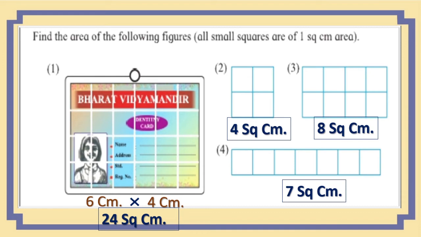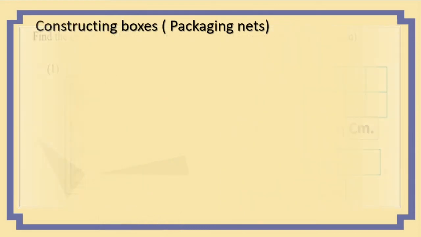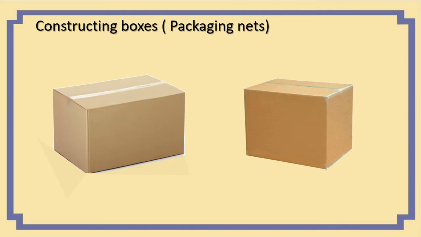Okay, dear children, now we will move to one more new thing. Constructing boxes or packaging nets. Here you can see the cardboard boxes, isn't it? One is rectangular in shape and one is square in shape.